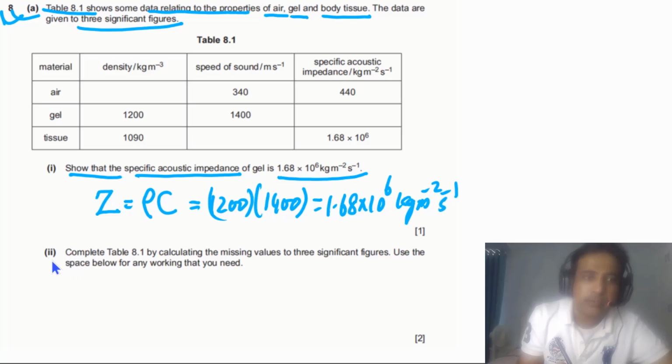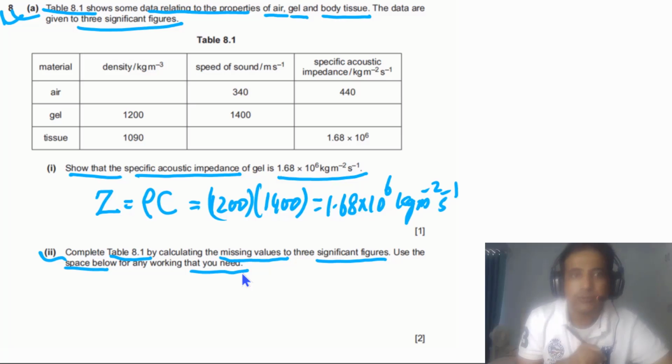For the second part, we need to complete table 8.1 by calculating the missing values to 3 significant figures. Use the space below for any working that you need. If you look at this table, density is given to us, speed of sound is given to us, and acoustic impedance is given to us.